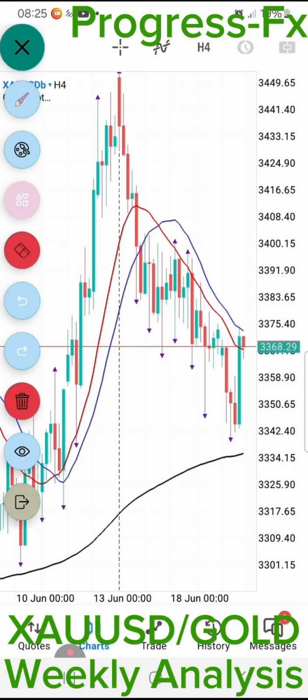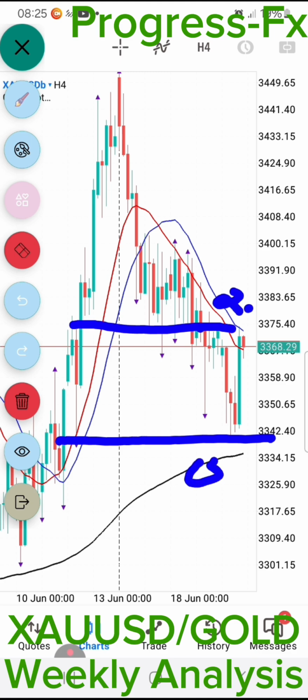So the first spike was this, which touched this demand area. And of course, like I said, if price did not close properly, bullish price did not close properly above it, or properly below it, I am not expecting the market to either go up or down.